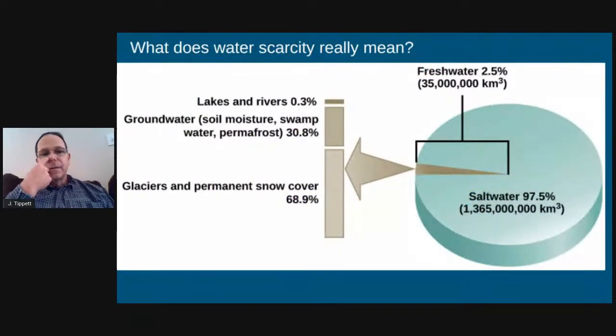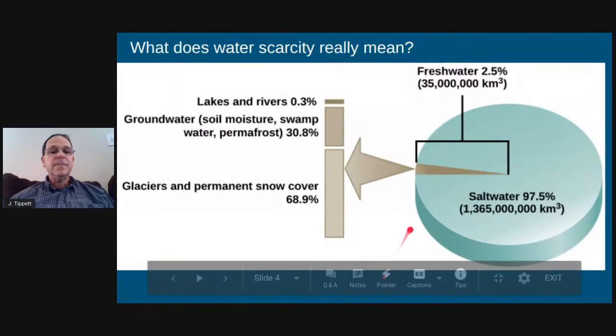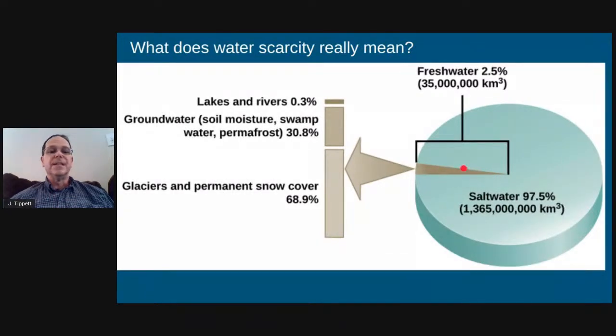We hear a lot of talk about water scarcity, and I wanted to put that into context about what scarcity really means. The Earth is a water planet, right? The planet is 70% water on the surface. It's a lot of water. But you hear about water scarcity all the time. So when we talk about water being scarce, what we're really talking about is fresh water being scarce, right? Because of all the water that's out there, only a small sliver of it is actually fresh water, or water that's not salty.